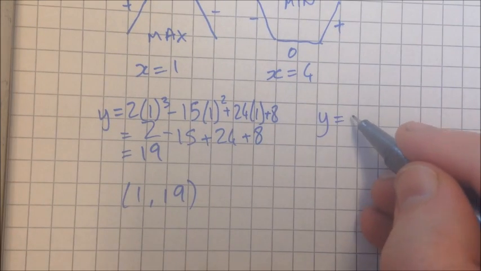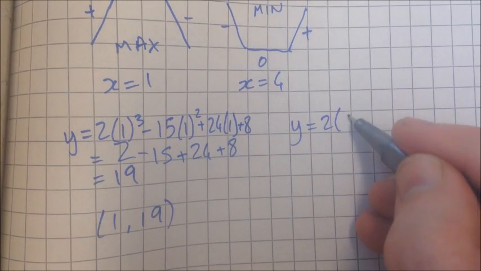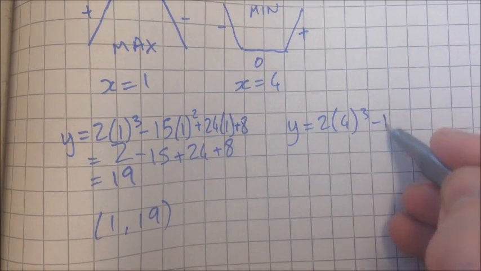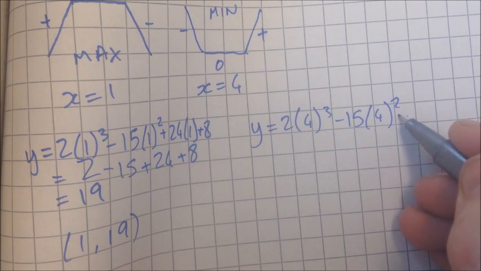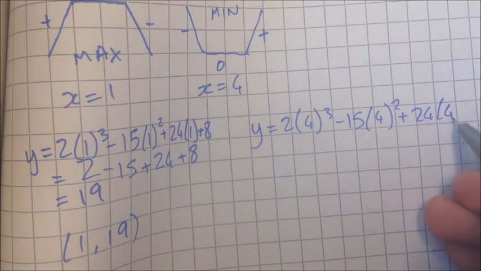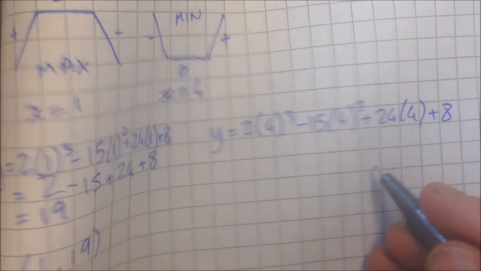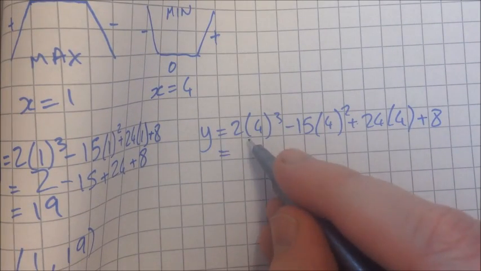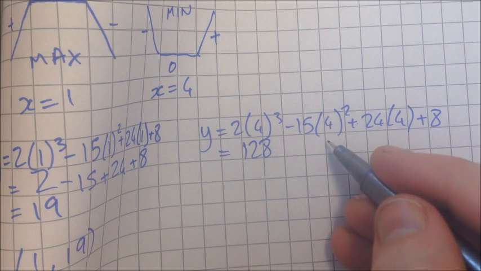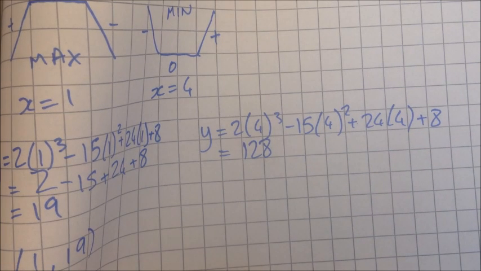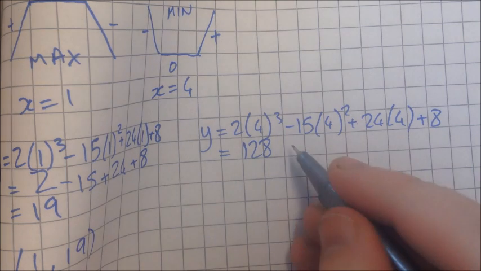y equals, on this one, 2 lots of 4 cubed, take away 15 lots of 4 squared, plus 24 lots of 4, plus 8. 2 lots of 4 cubed, 128. 15 lots of 4 squared, 15 lots of 16. That is 240.